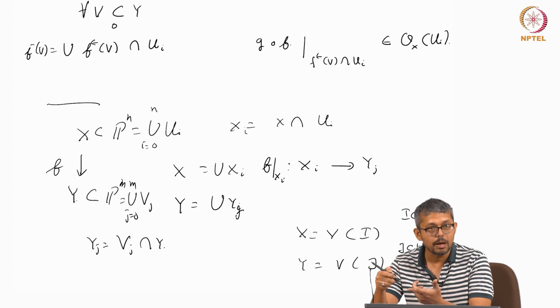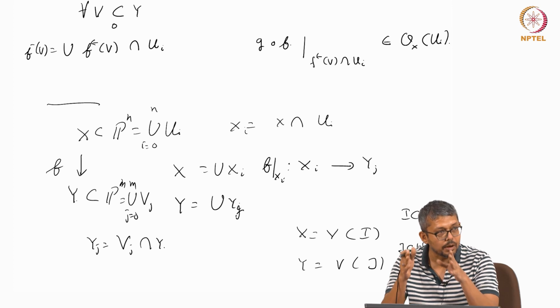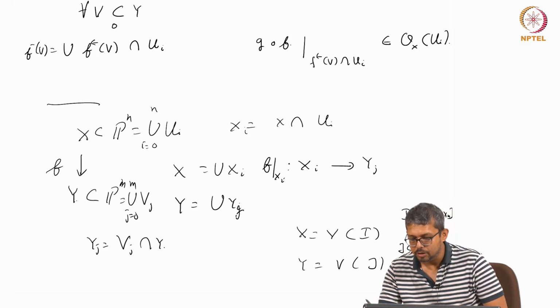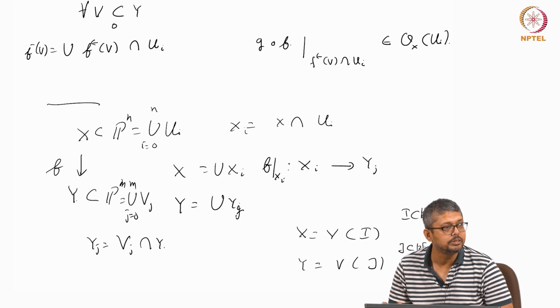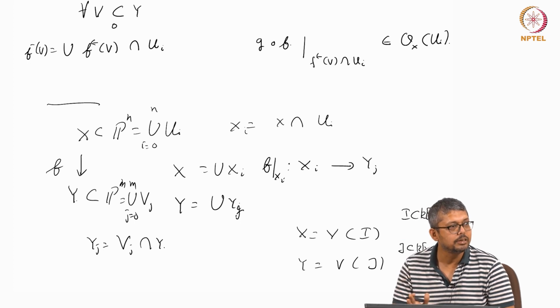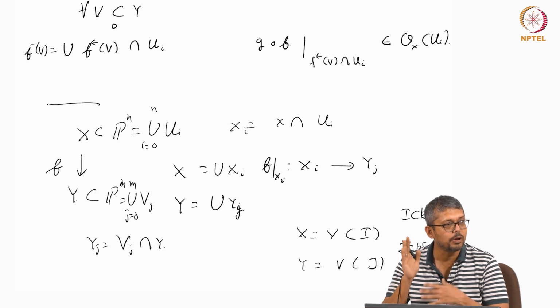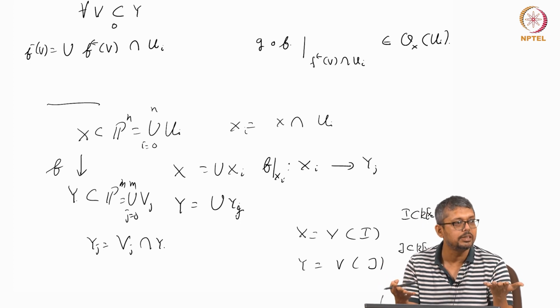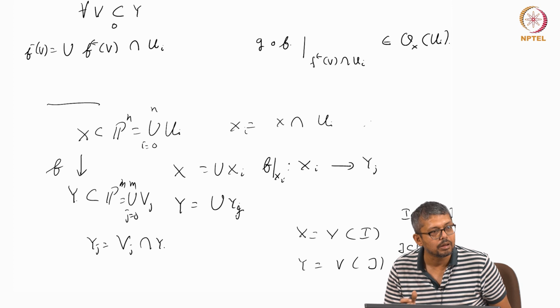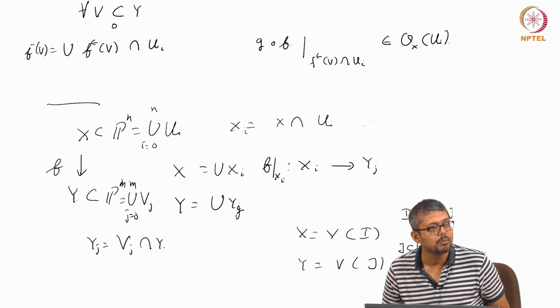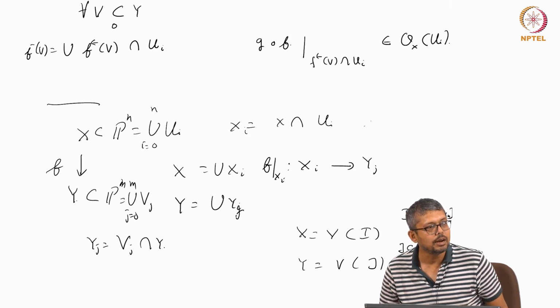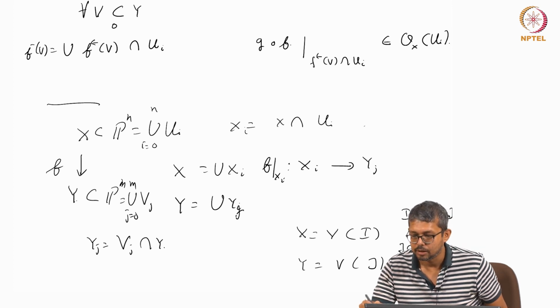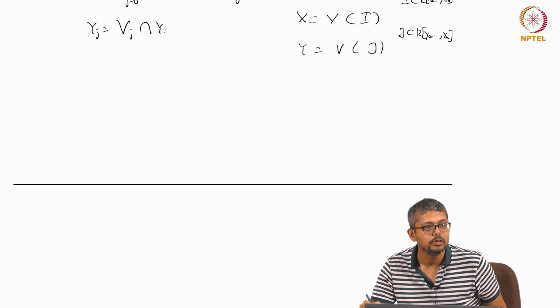You have to construct a map from k[y0, ..., ym] to k[x0, ..., xn] such that it takes the ideal J to the ideal I, so that the zero set goes to the zero set. Then you have a set theoretic map, and you try to see whether it satisfies the morphism properties. So there is a lot of work. It's not easy.